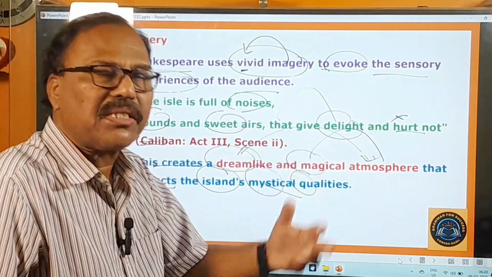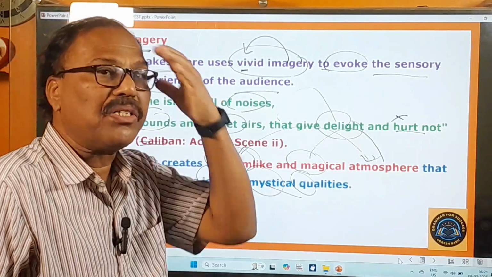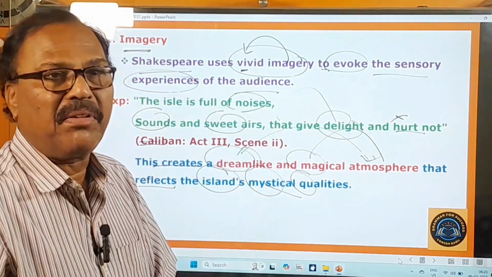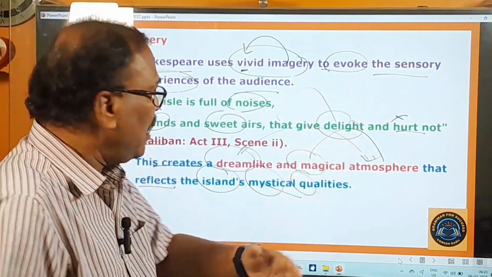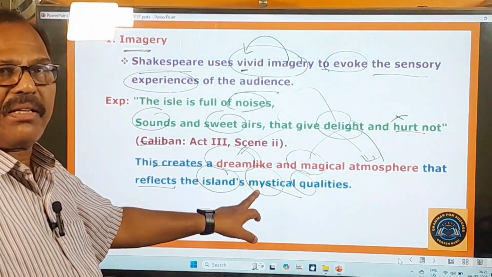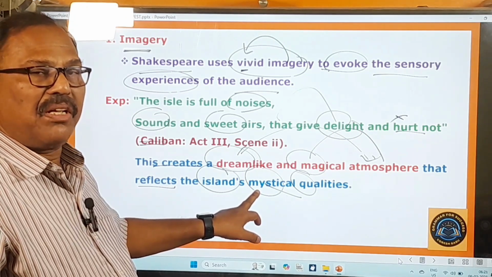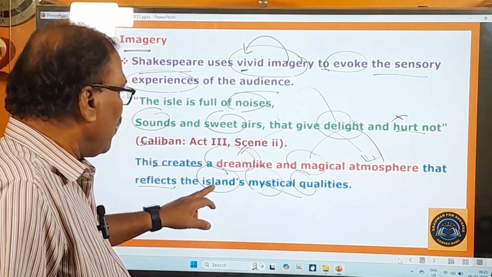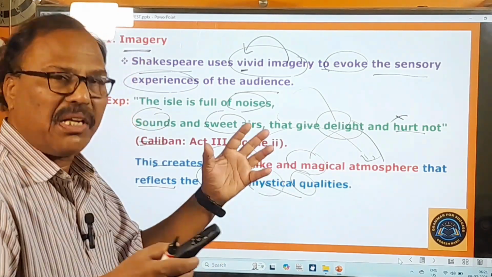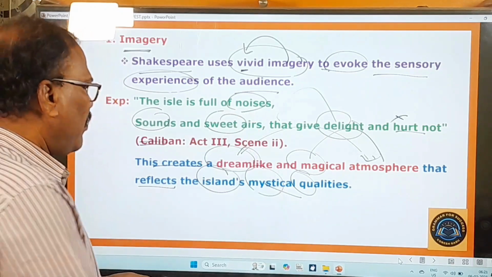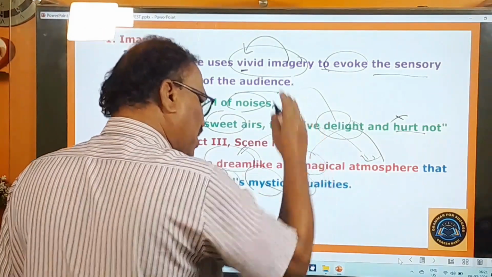Mystical means mysterious, unintelligible, impossible to understand, impossible to explain. That kind of thing is called mystical. Mystical or mysterious or mystic, by any one of these three words you can call it. Mystical atmosphere, you can find mystical atmosphere on the island. Mystical qualities means mystical nature, mystical atmosphere. So this atmosphere will reflect this island's mystical atmosphere or mystical qualities.